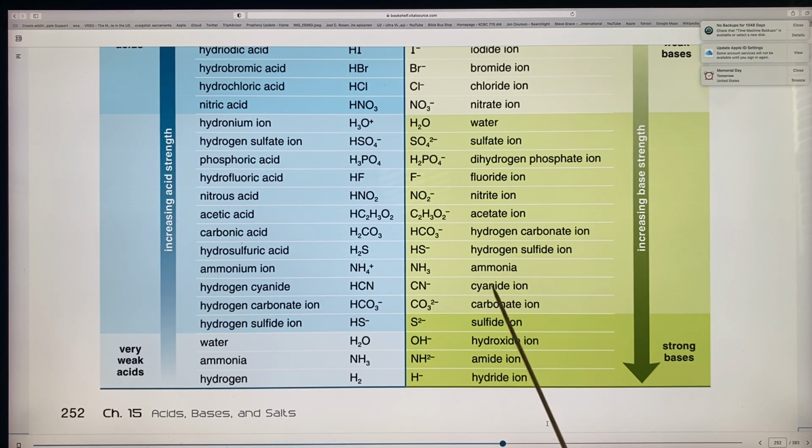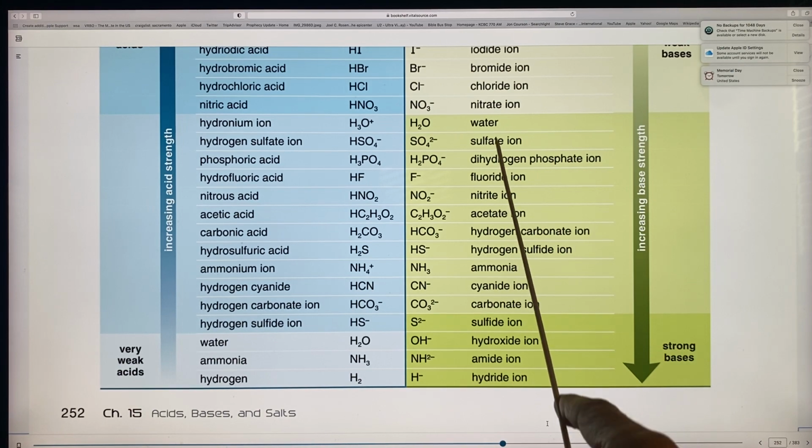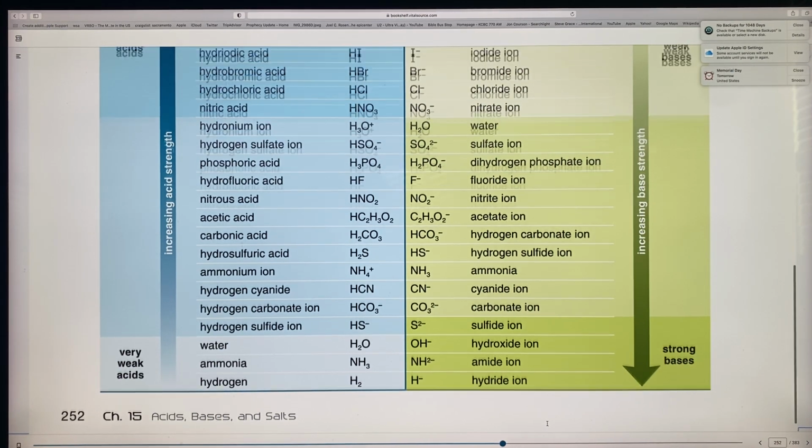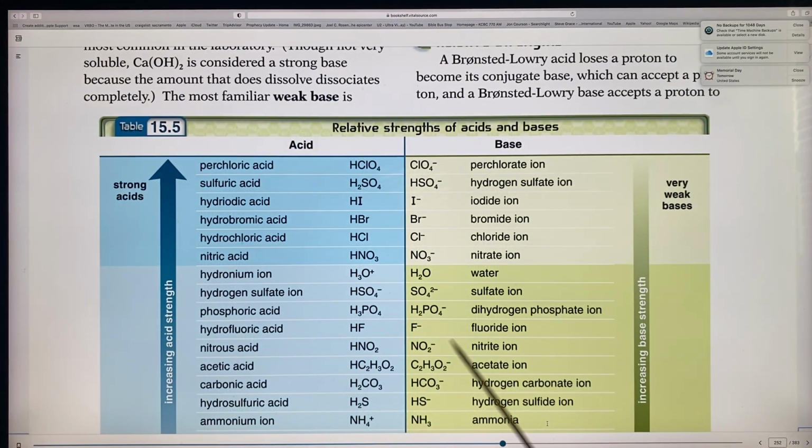Ammonia is a stronger base when it's used as a base than as an acid, where it is very weak. Water is probably close to the middle here. Water can act as a base or an acid.